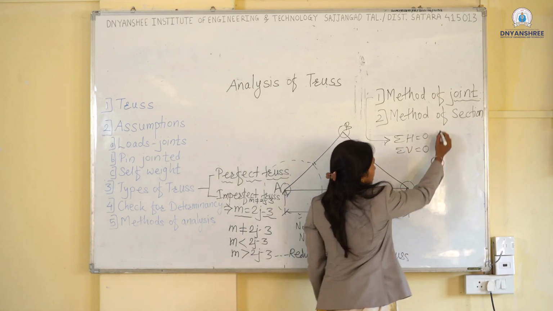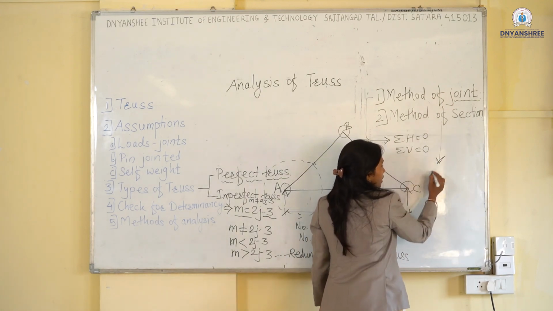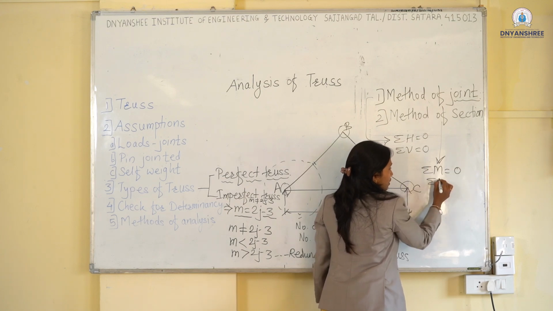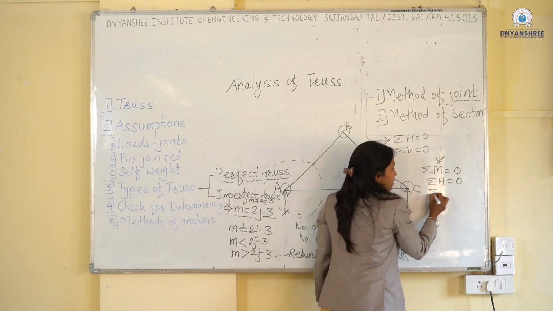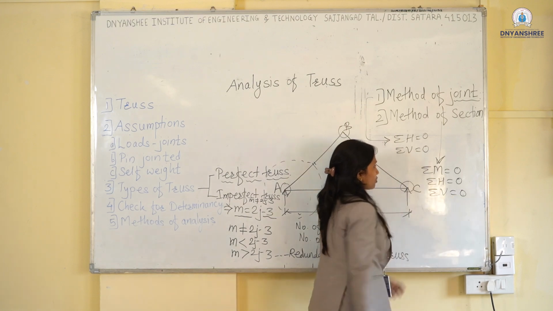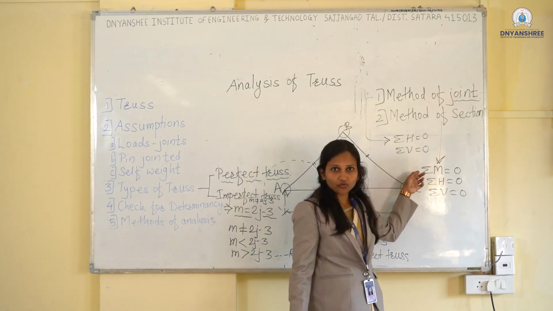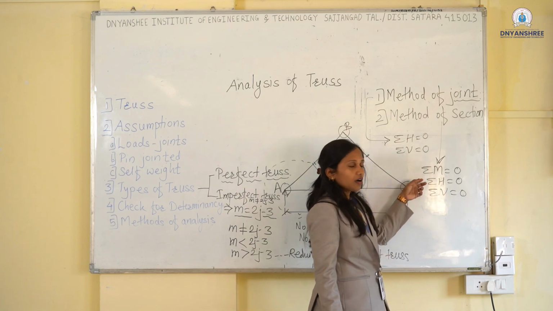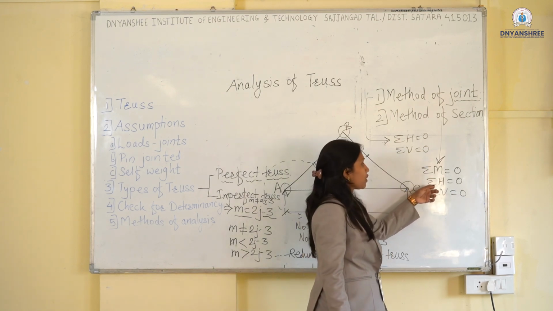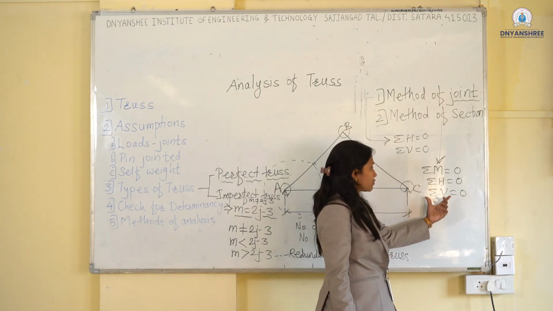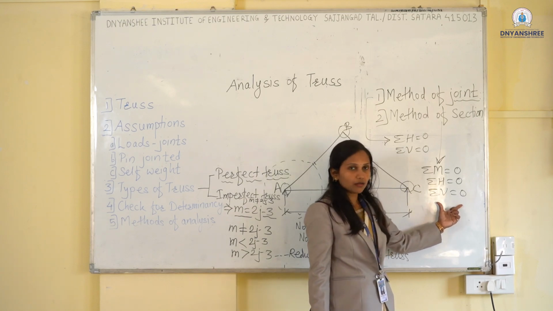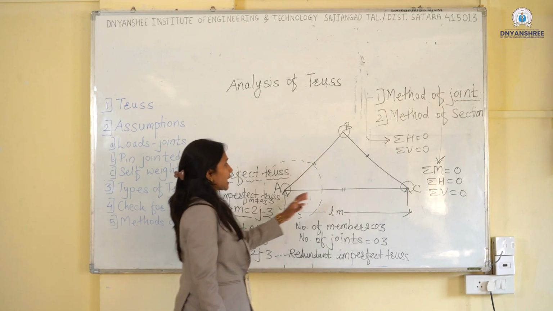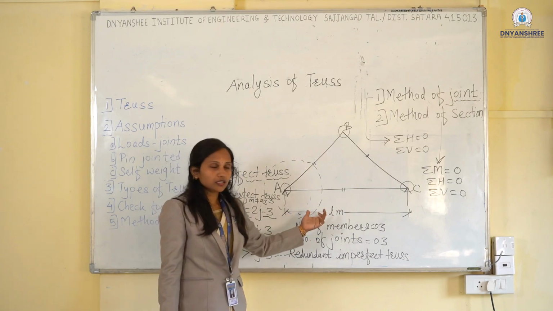So in the method of section, you have 3 conditions: summation M equal to 0, summation H equal to 0 and summation V equal to 0. That is, the algebraic sum of moments of all forces about any point is 0, the sum of all horizontal forces is 0, and the algebraic sum of all vertical forces is 0, through which we can analyze the total truss assembly.